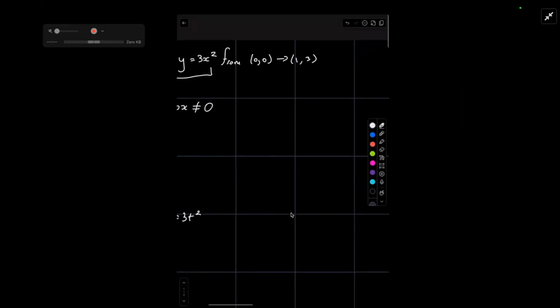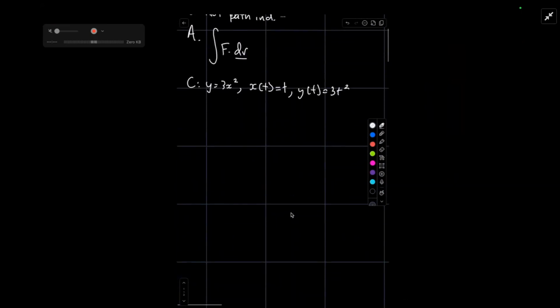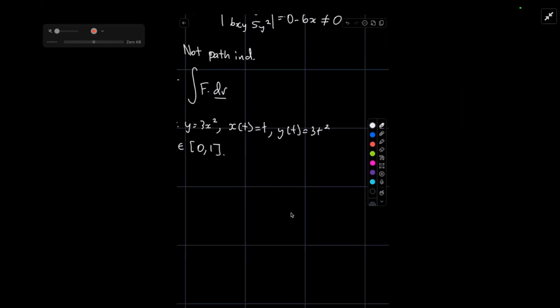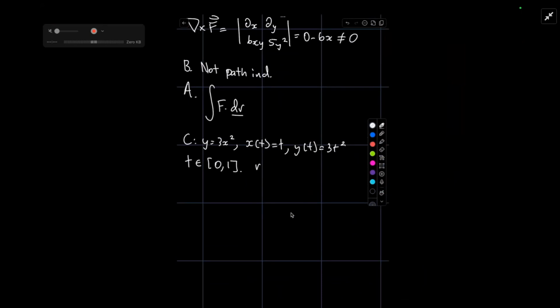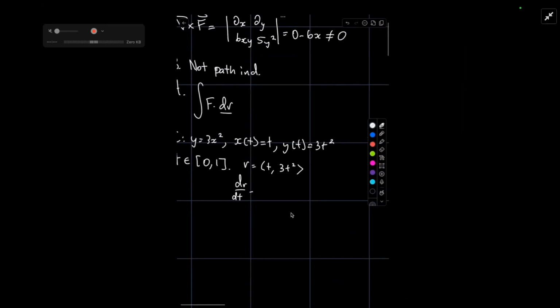This goes from (0, 0) to (1, 3), which means that our t lies from 0 to 1. This gives us our path as (t, 3t squared), which means that dr/dt, again, we're looking for dr, is (1, 6t). So dr equals (1, 6t) times dt.